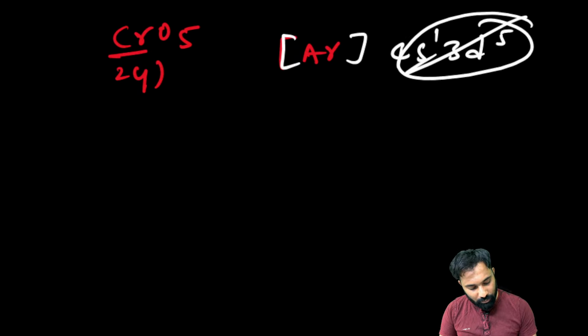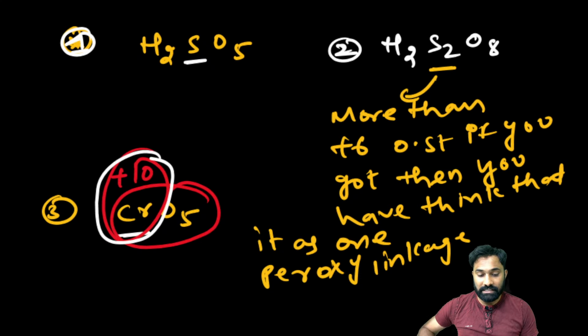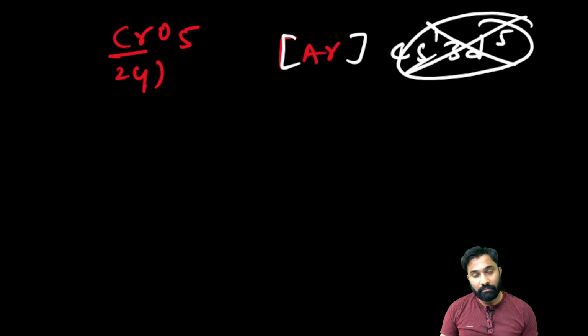At most, chromium can lose only 6 electrons. But here +10 indicates that chromium has lost 10 electrons, which is not at all possible. So chromium is present in a different manner: it is present in a butterfly structure like this.